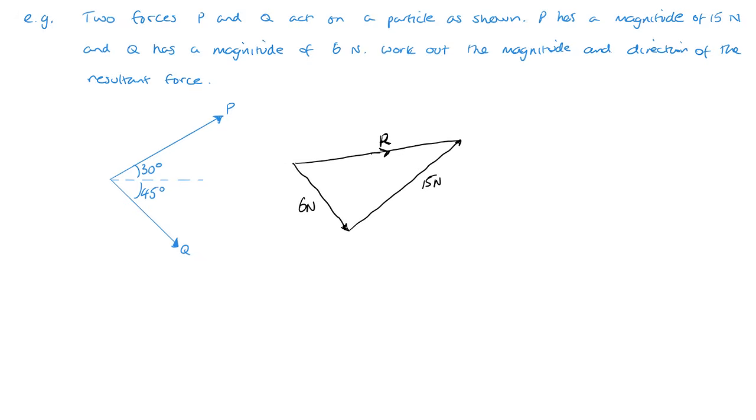Now if I continue Q down like this, the angle here is the angle between P and Q. This is P, this is Q. So this angle here is 75 degrees, which makes this angle 105 degrees. And for later, we can work out that this is 45 degrees, and that would be a little theta to find there.